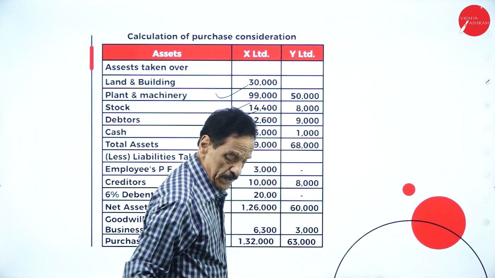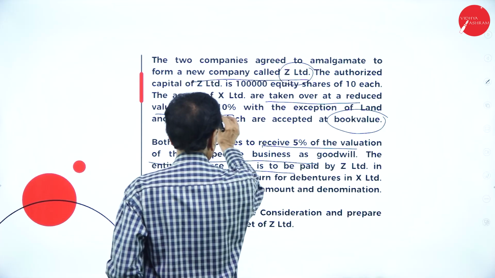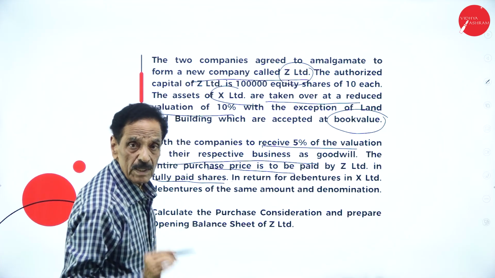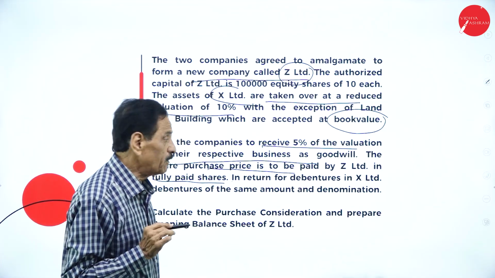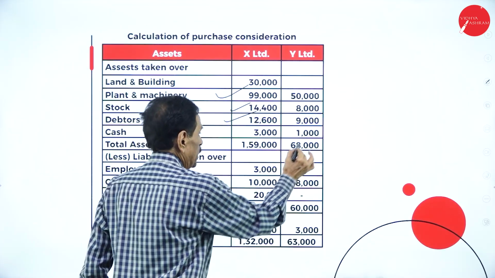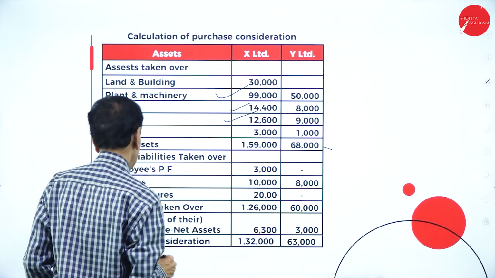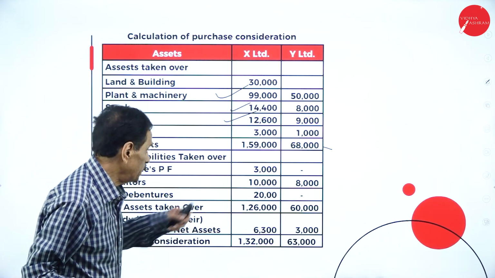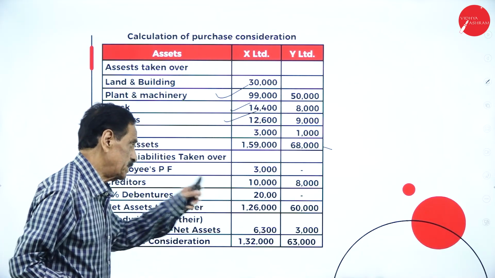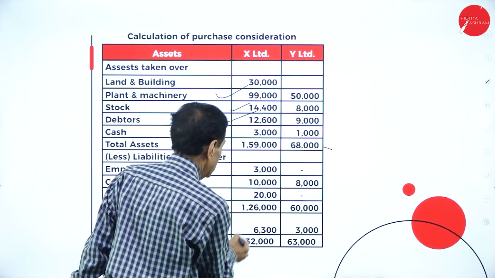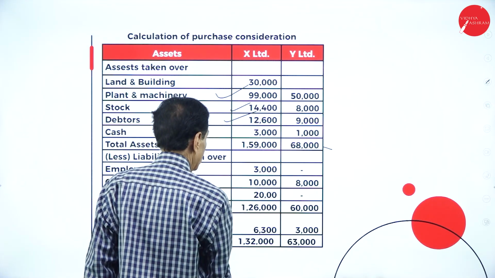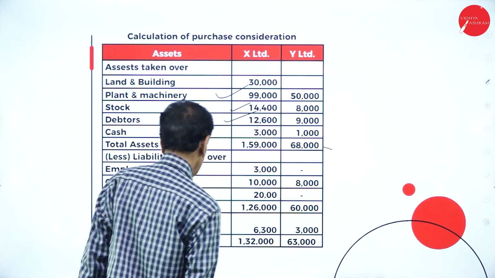It will retain the same. No change in Y Limited. The assets of X Limited are taken over at reduced valuation. That means they not only take the book value of the Y Limited. So 50,000, 8,000, 9,000, 1,000, 68,000, minus liabilities taken over: employees provident fund 3,000, creditors 10,000, 8,000, 6% debenture 20,000. It becomes 1 lakh, here 10 plus 3, 20 plus 30, 33 gone, so it is 1,26,000.